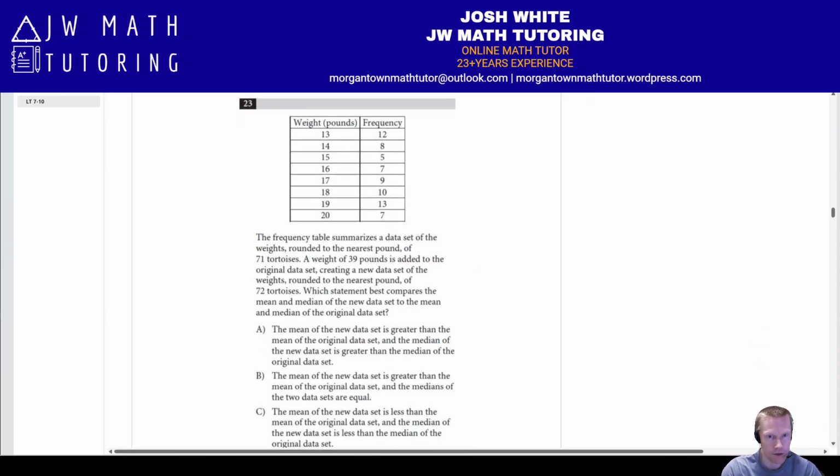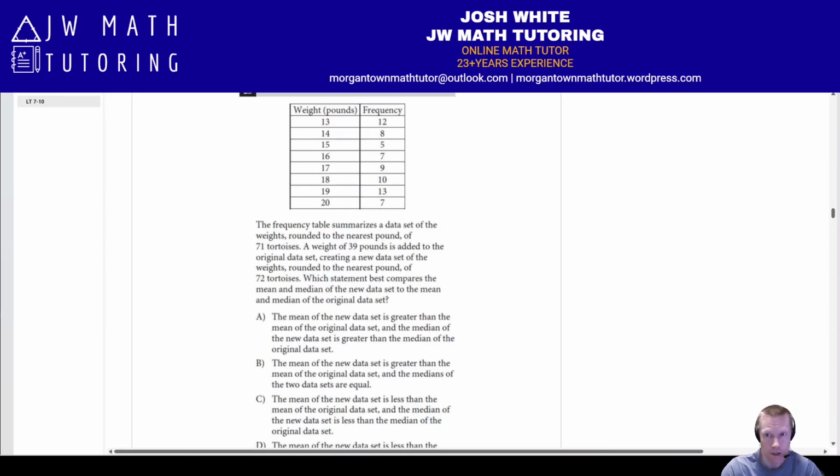All right, next, let's talk about question number 23. I can't quite get all the answer choices on screen, so we'll scroll down as needed. Here we have a frequency table. It gives us a bunch of values in column 1, and then the frequency, meaning how often they occur, in column 2.